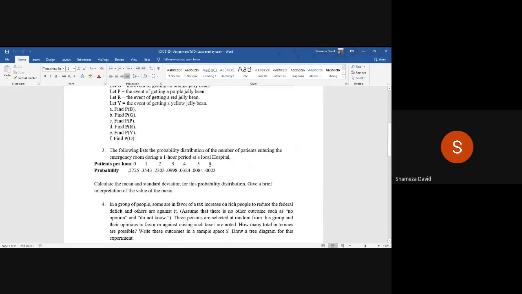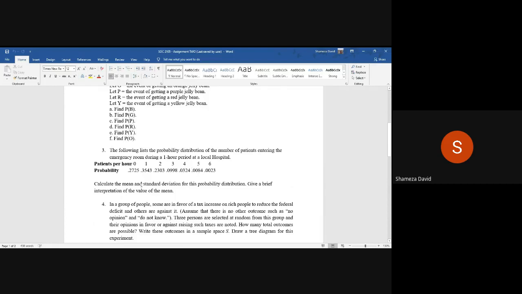And then you have one question here on the discrete random variable and its probability distribution. And as we saw in the last class as well, I'll work a question on this for you tonight. As we saw, you have x, which is the values that your random variable can take on, and you have the probability of x.